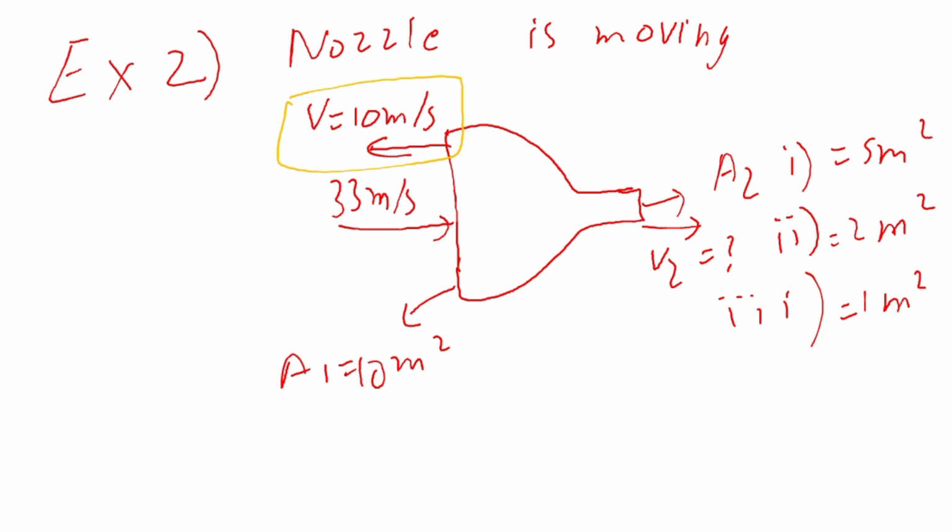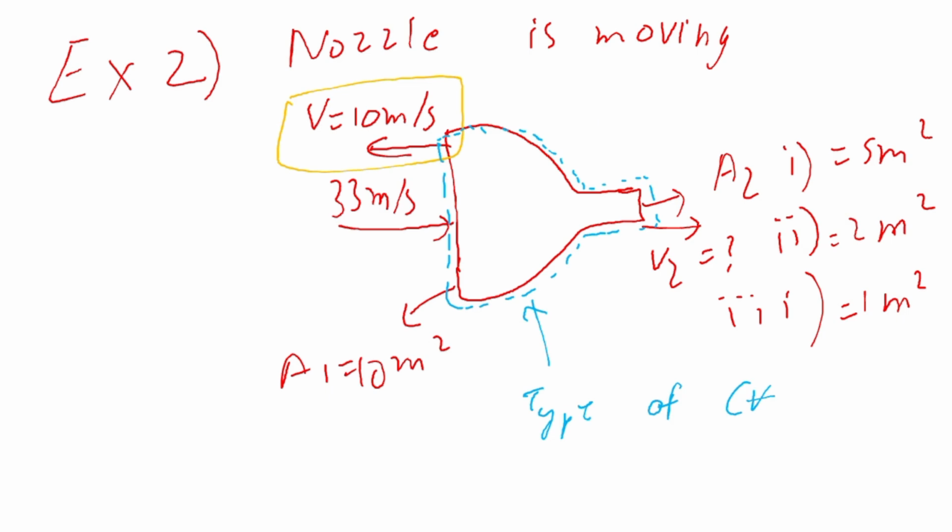Your control volume is again just the nozzle, so you have to mark it with the dashed line. Now the question is what type of control volume it is. If you are tracking this nozzle, you cannot be at zero velocity anymore because the nozzle itself is moving.